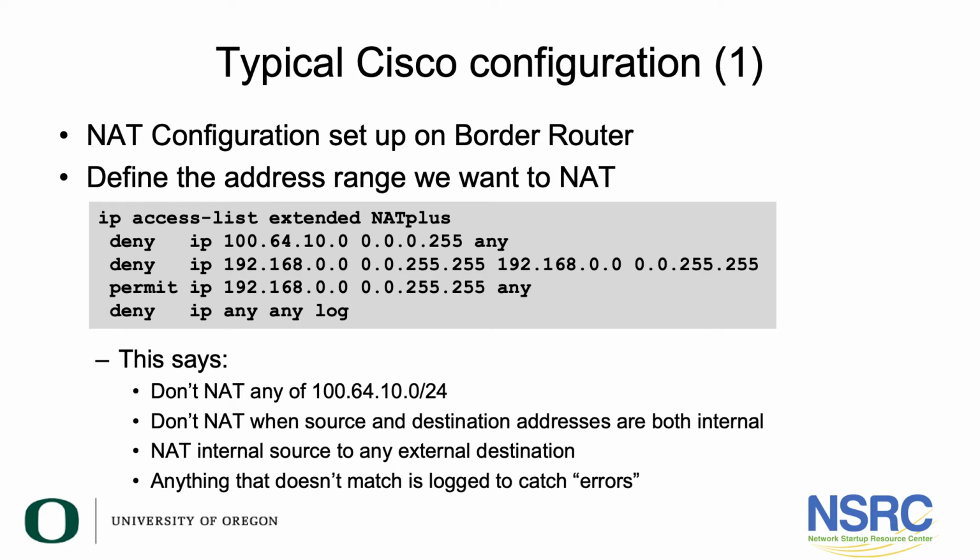A permit statement means whatever matches this particular statement, you will NAT, and still pass the packet along. What we've said by this configuration is we are not going to NAT any of the public address space. We shall not NAT when the source and the destination are both internal, and we will NAT from an internal source to any other external destination.